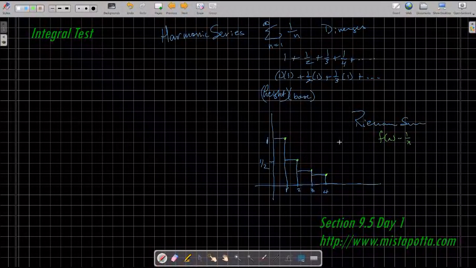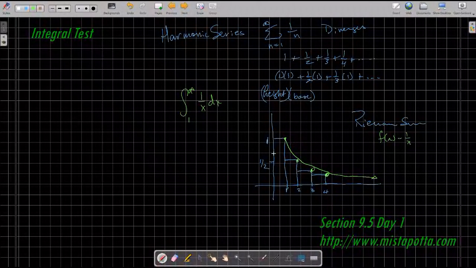And I could talk about the area under the curve from 1 to infinity of 1 over x dx, and that would be represented by the area under this green curve, assuming that I'm actually going through all of these points on my graph.